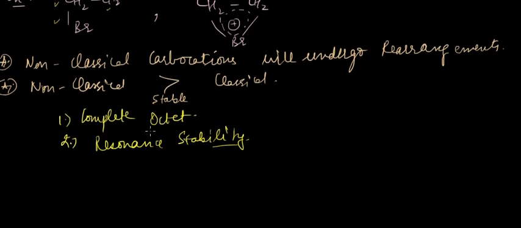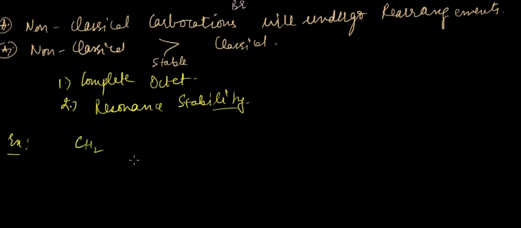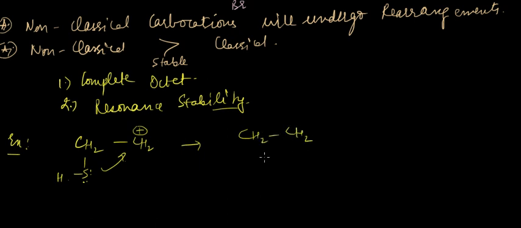Okay, so let us take some examples wherein we find formation of non-classical carbocations. If we have something like this, and CH2 plus, then this can share the positive charge with the carbon atom and form a compound like this.